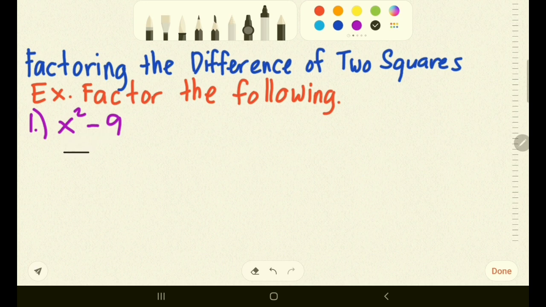X squared is just the base x, squared. And then you have 9. 9 is just 3 squared. The square root of 9 is 3, or 3 squared. And then you get their bases.